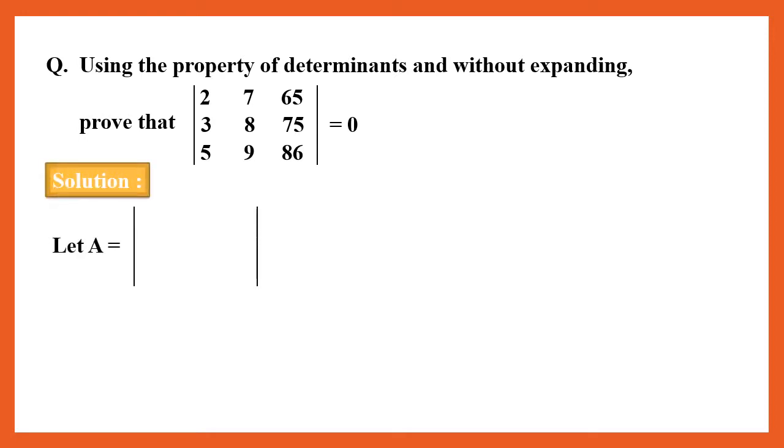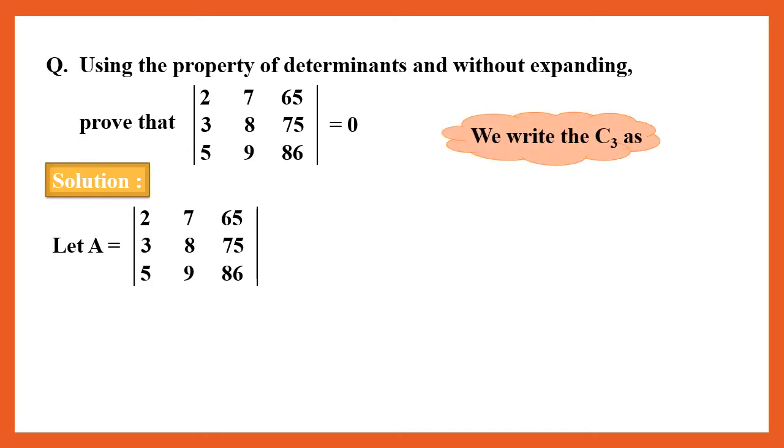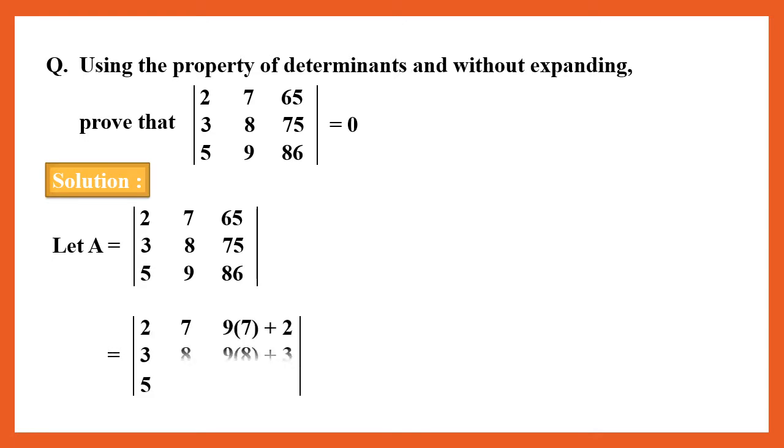So consider the given determinant as A. Next, we apply the property on C3. That is, we rewrite the elements of C3 as 65 can be written as 9 into 7 plus 2. 75 we are writing it as 9 into 8 plus 3. And 86 we are writing it as 9 into 9 plus 5.